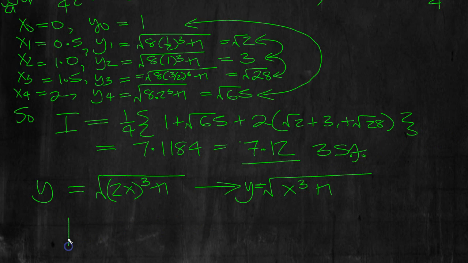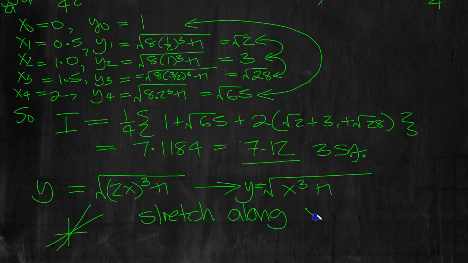So if it were 2x as a line, it would map onto x, wouldn't it? Which is 2x goes to x. So that's going to stretch it, isn't it? So it's a stretch along the x-axis by a factor of 2, isn't it?